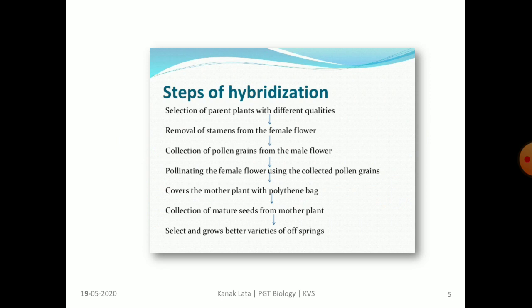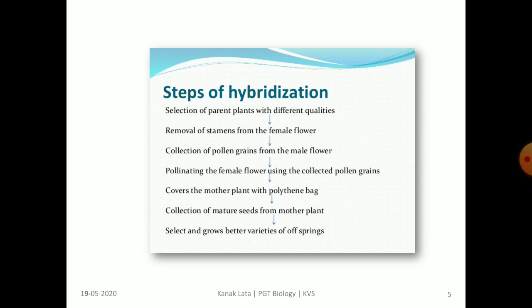After that, dusting of pollen grains on the stigma of the female flower is done. Then the mother plant is covered by a polythene bag or butter paper, and this process is called bagging. Now we will collect the seeds from the mother plant, and then there is selection and growing of better varieties which are obtained from hybridization.